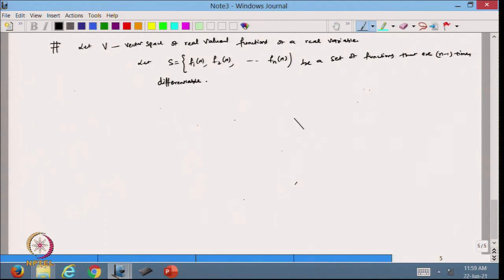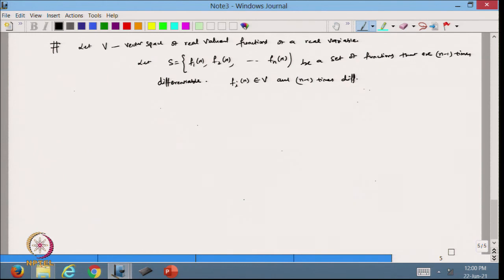It means that each f_i(x) belongs to the vector space V and is n minus 1 times differentiable. So, that is the meaning of this, and the set S is there.